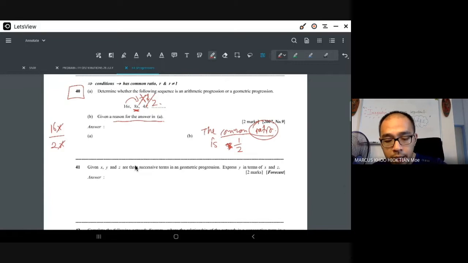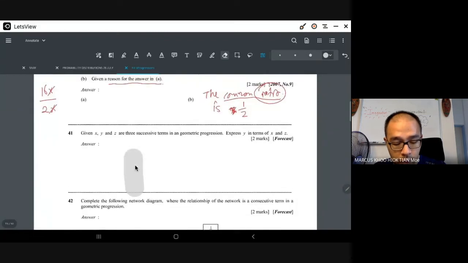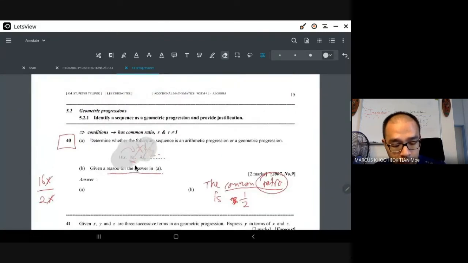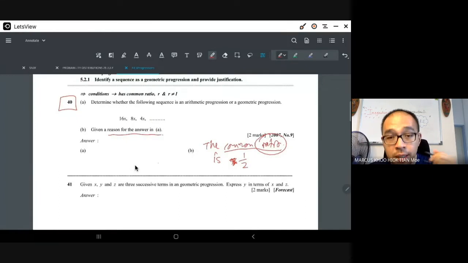Okay, another thing that is very important that I think you all should take note of is the fact that the common ratio is the same. How do you find the common ratio? Actually, how do I determine that it is times 1/2? You take the second one, divide by the first one.